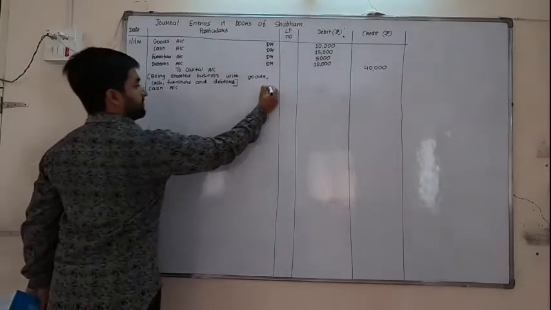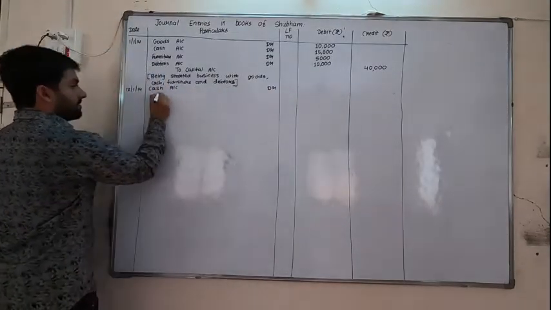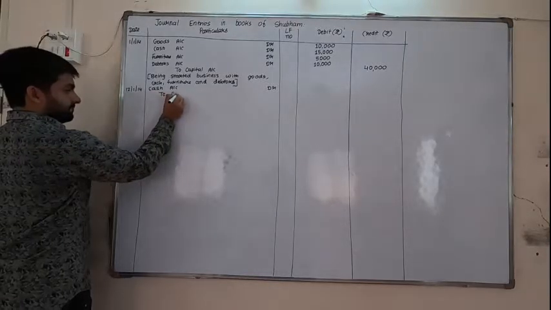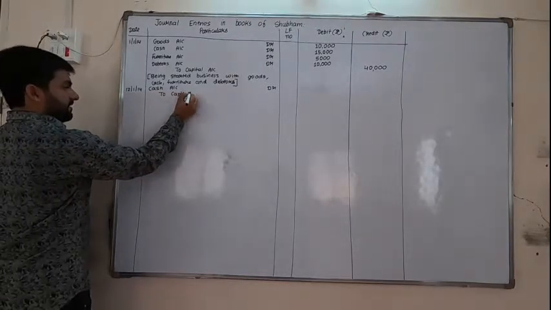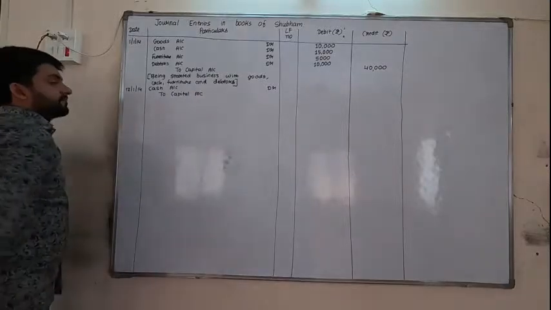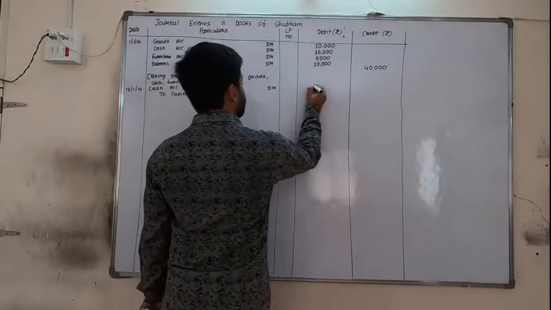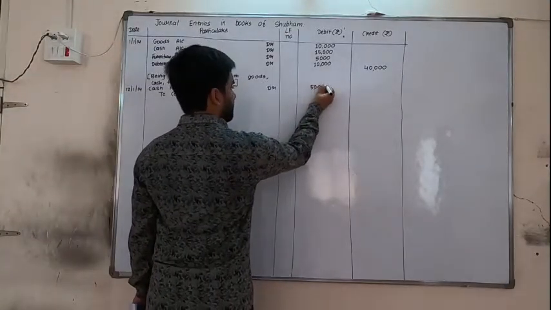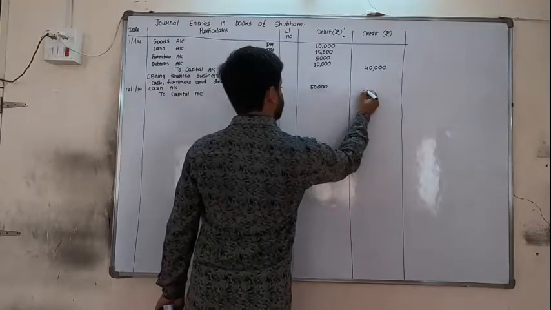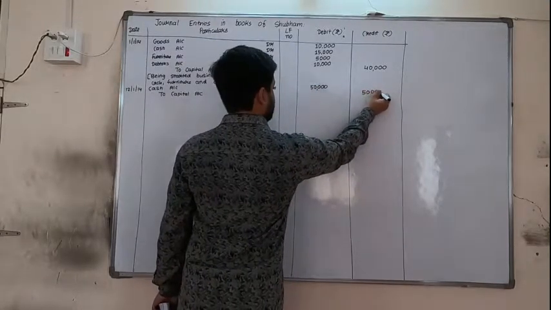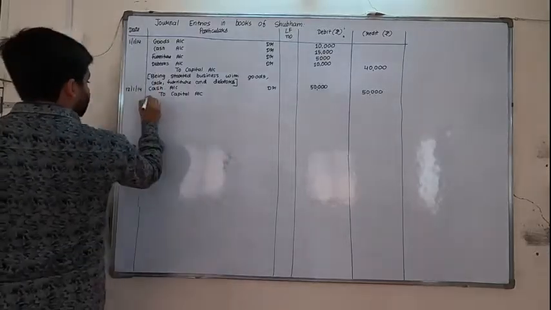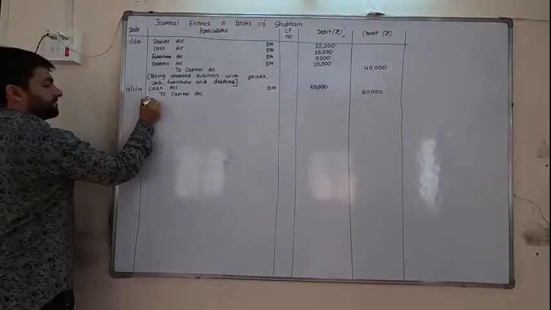Cash account debit to capital account, and the amount will be 50,000 only, not 80,000. And in the narration we will make things clear.